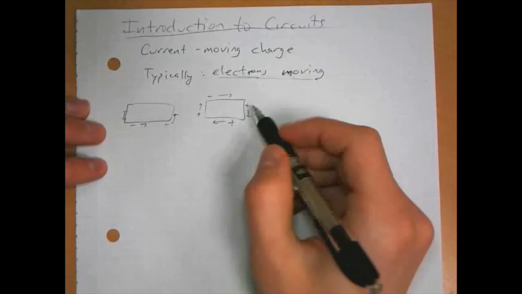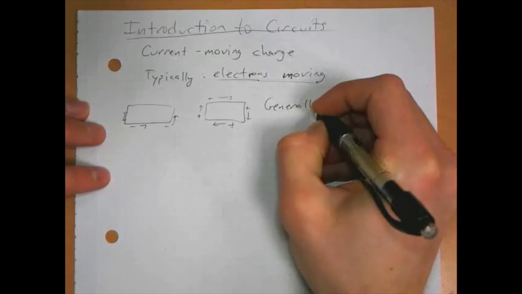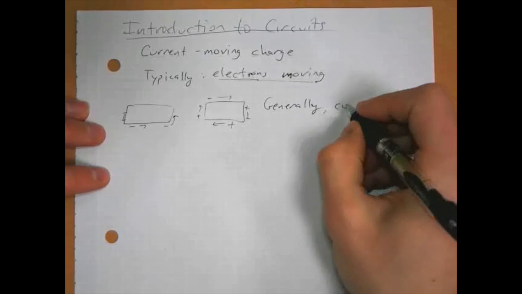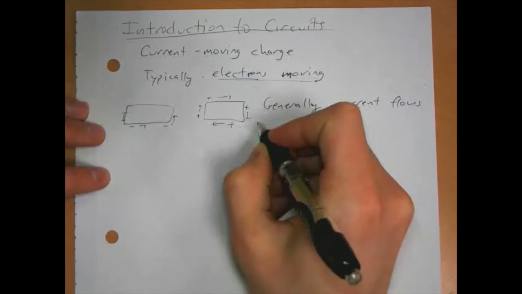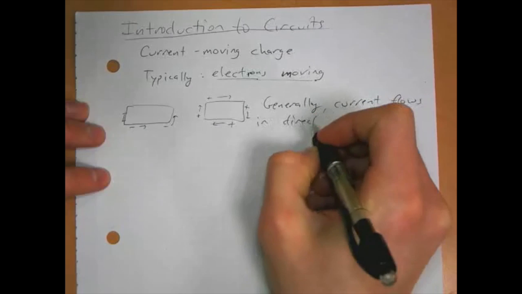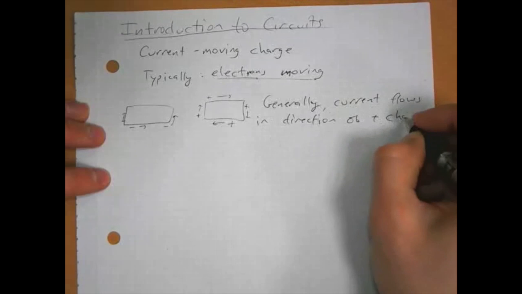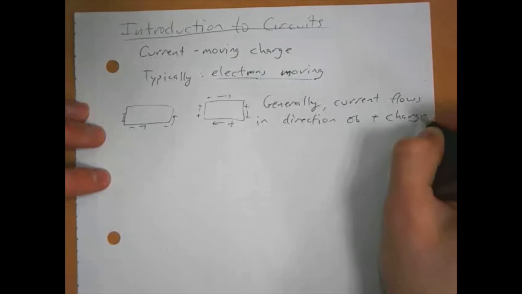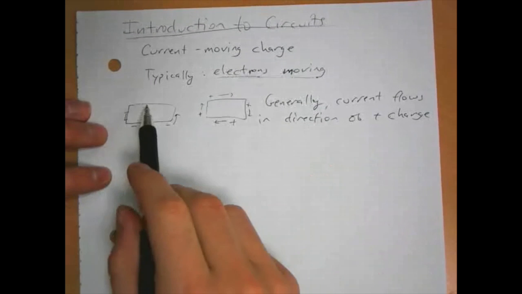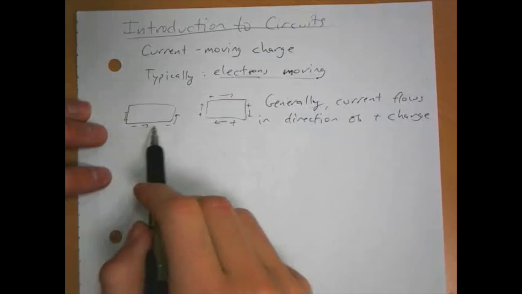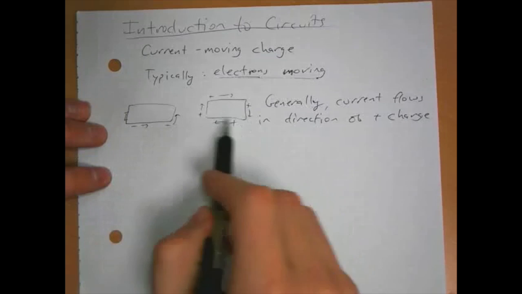If you consider it, generally, and we do it this way, generally we say that current flows in the direction of positive charge is moving. So even though in a circuit what's really happening is that electrons would be going this direction, we conceive of it as positive charges moving the other way.